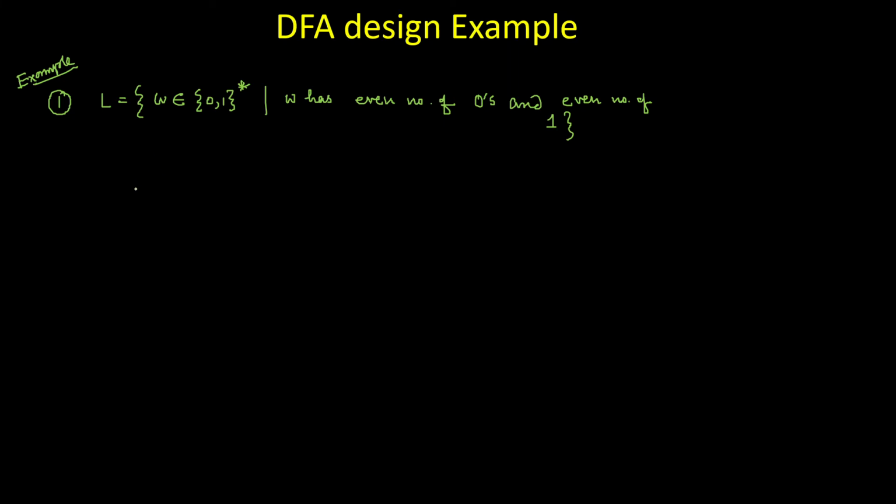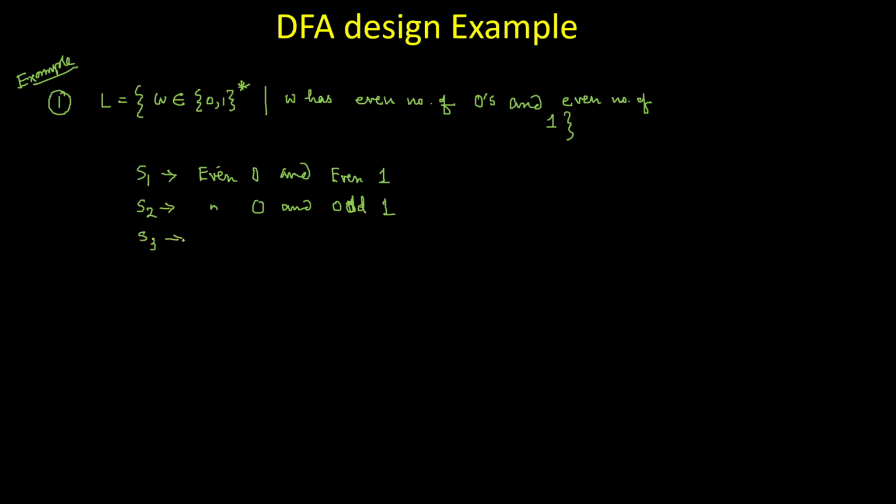State number 1 is saying even 0 and even 1. S2 can be even 0 and odd 1.